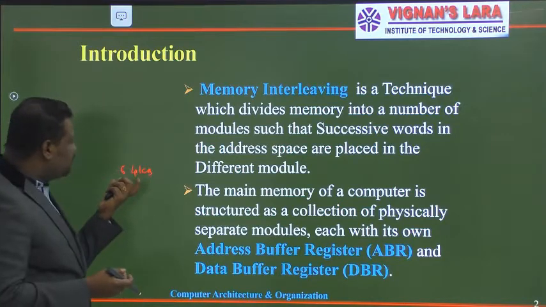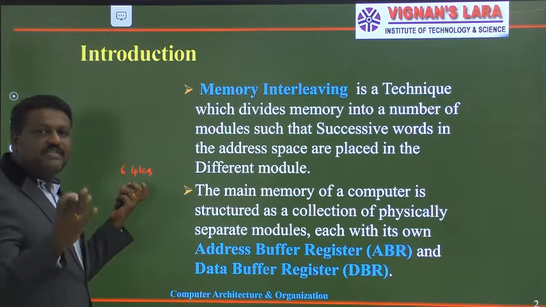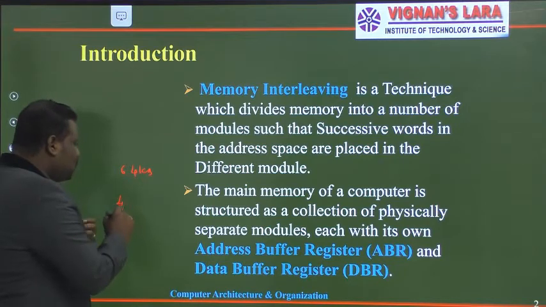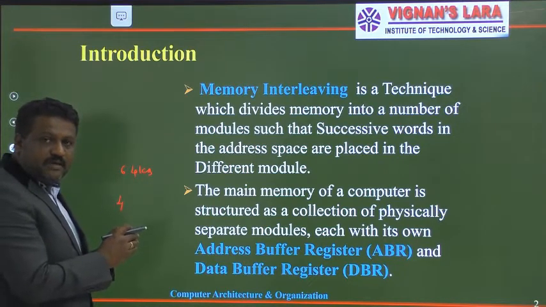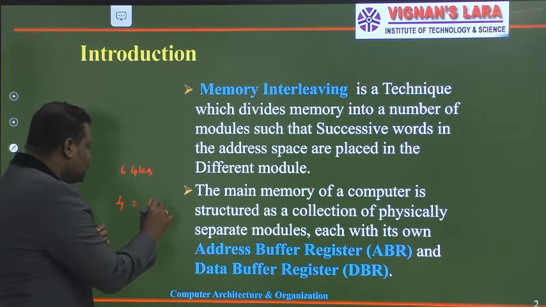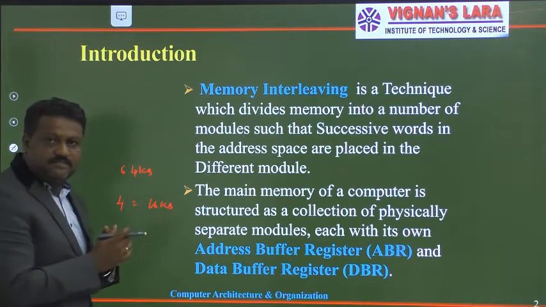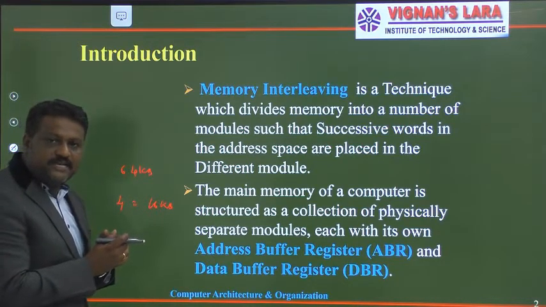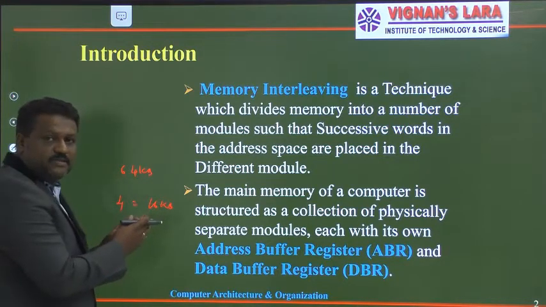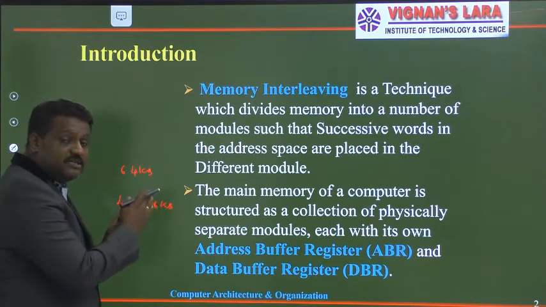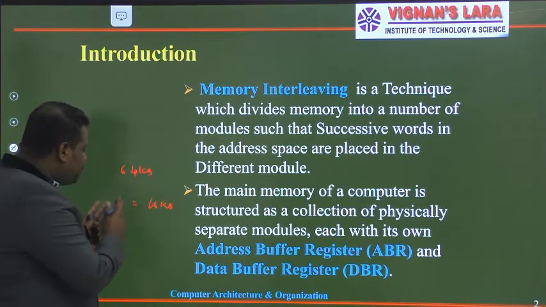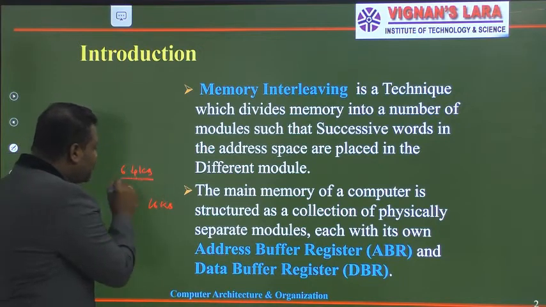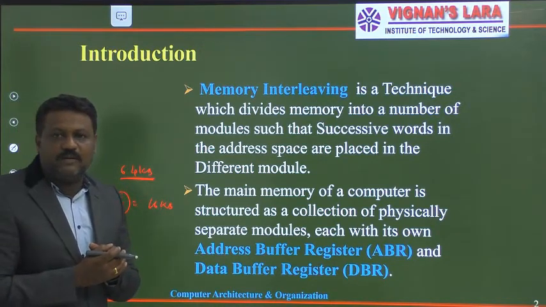You make it with the help of 4 memory chips, each chip of size 16 kilobytes. Then I use 4 such 16 kilobyte chips to make a total of 64 kilobytes.